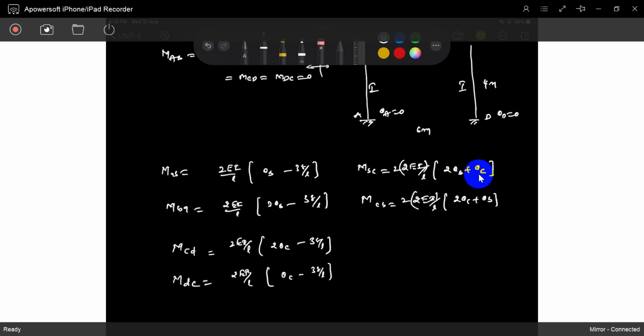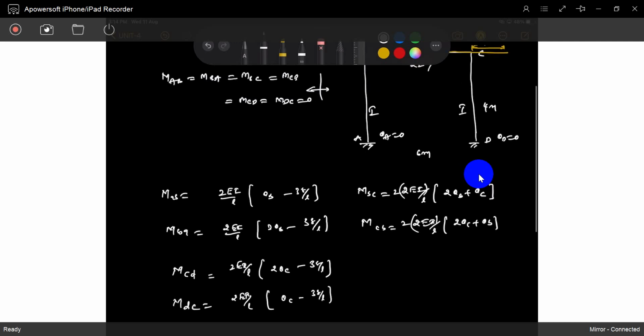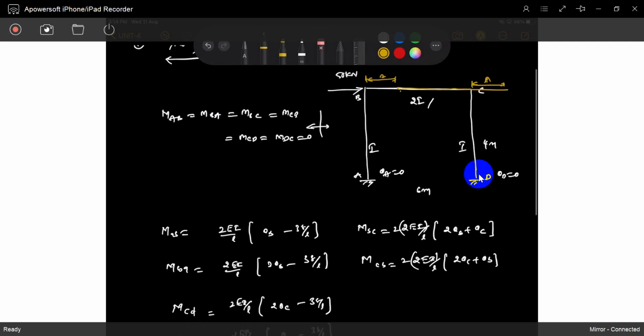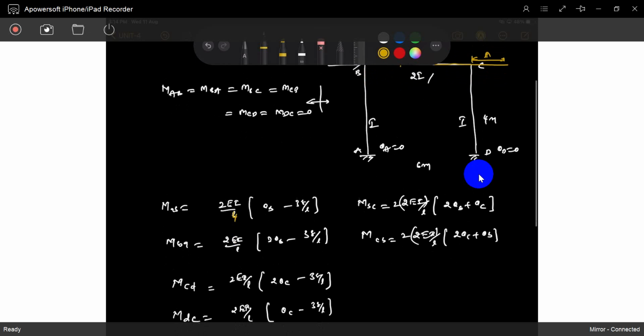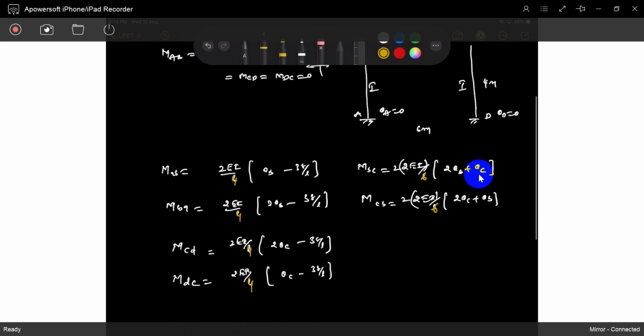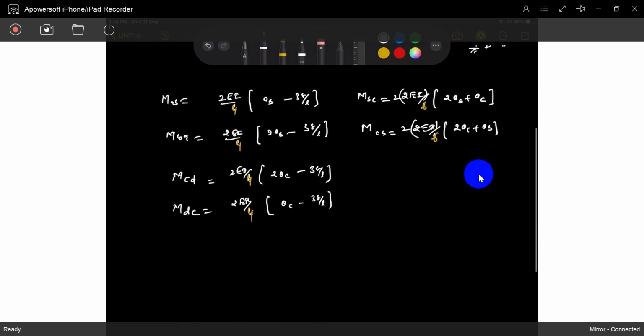Those are the slope deflection equations; you can directly convert them. Here L is 4 and this is 6. You can directly write this in matrix form, that will be easy.